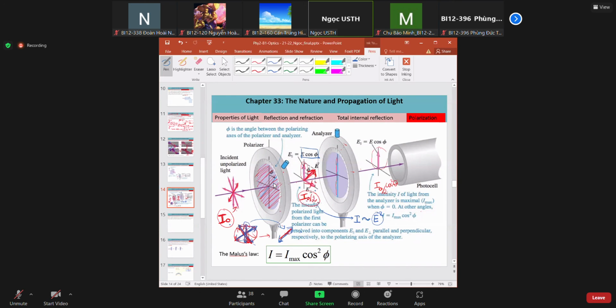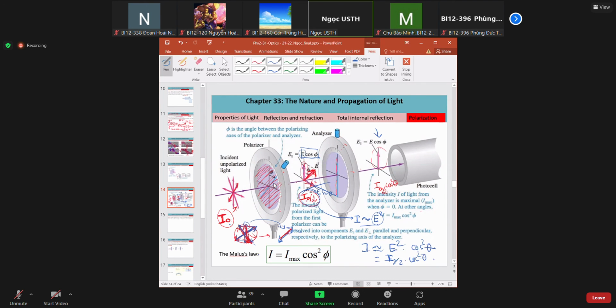The E sine theta can't get through. You don't need to care about this one, but this one, yes. So how about the intensity here? I will be equal to E squared multiplied by cosine squared theta. Do you agree? What is E squared? It's exactly like this: E0 squared multiplied by cosine squared theta.